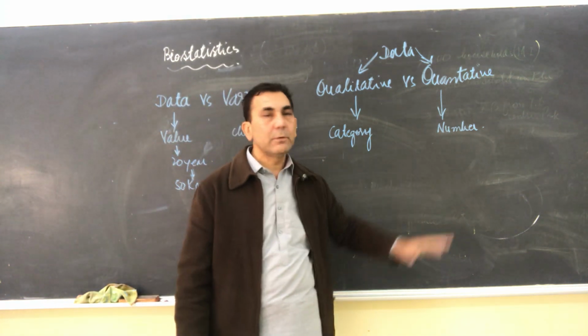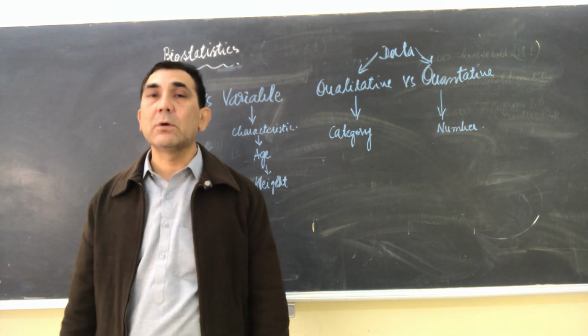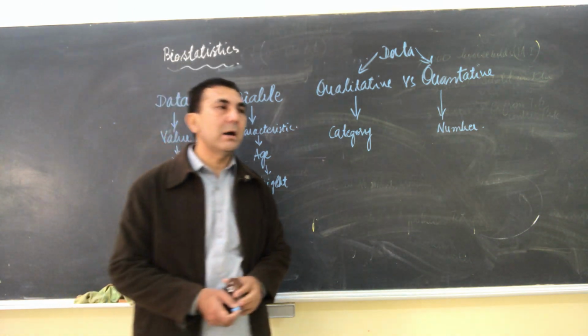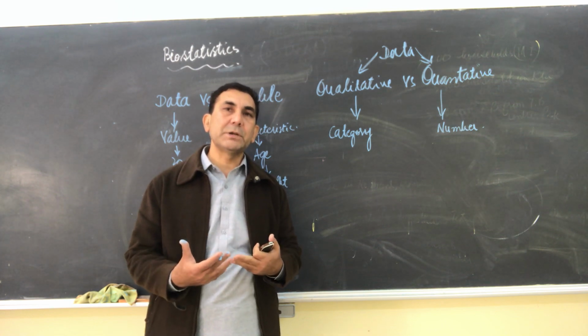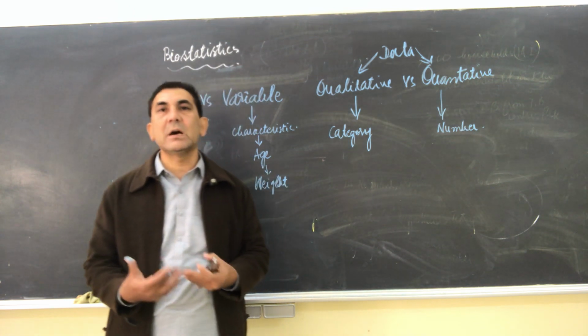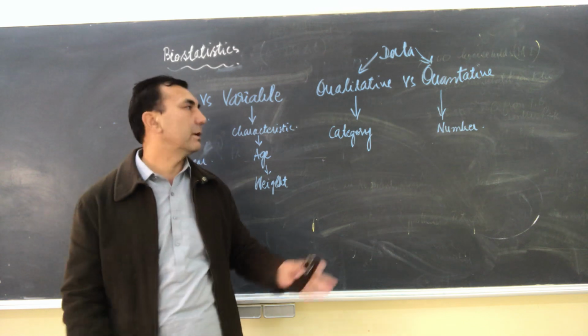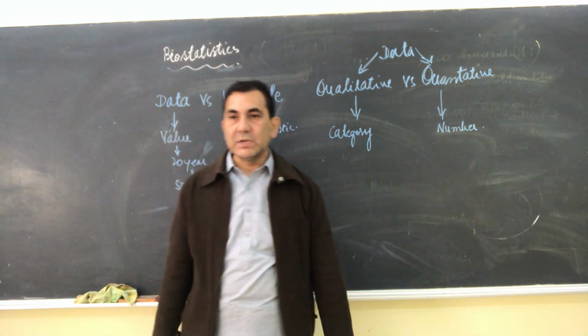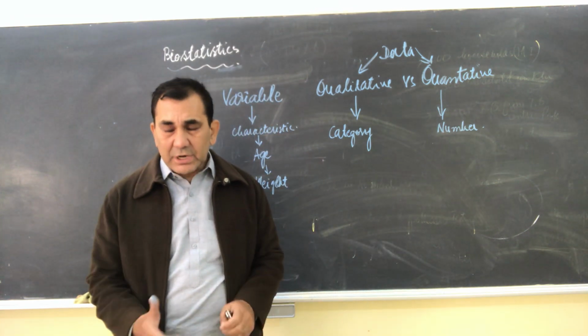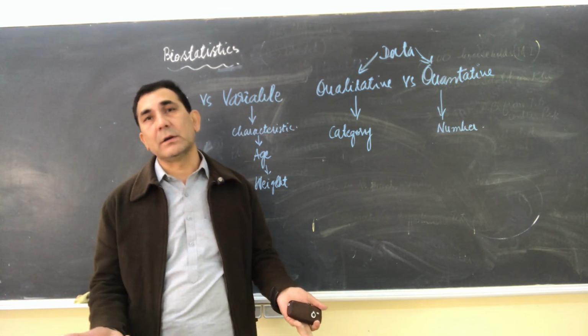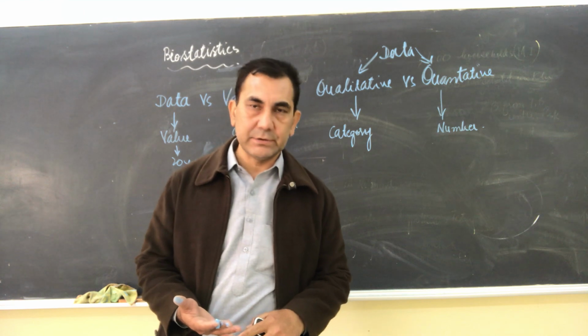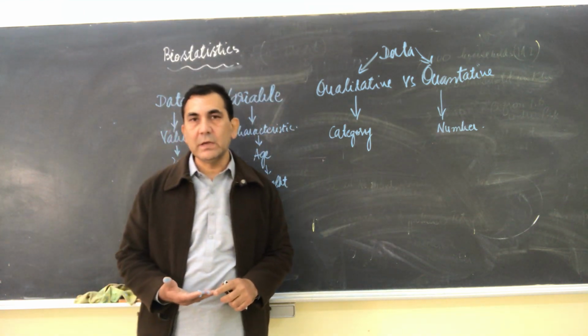Now the second type of data is quantitative data. In quantitative data, the characteristic or valuation is present in numerical form. It is not in categories or group form, but in number form. Quantitative data is again of two types, discrete or continuous. For example, weight and temperature.